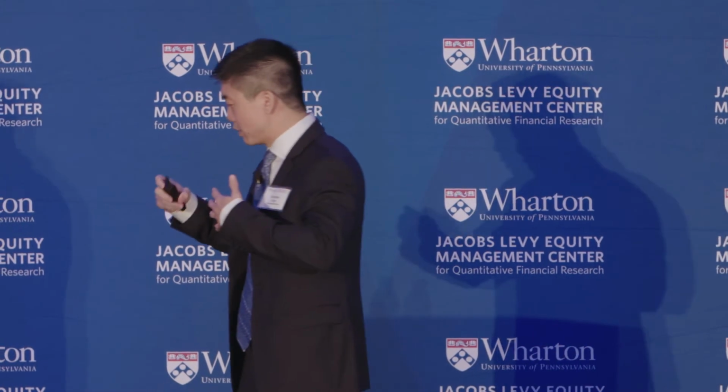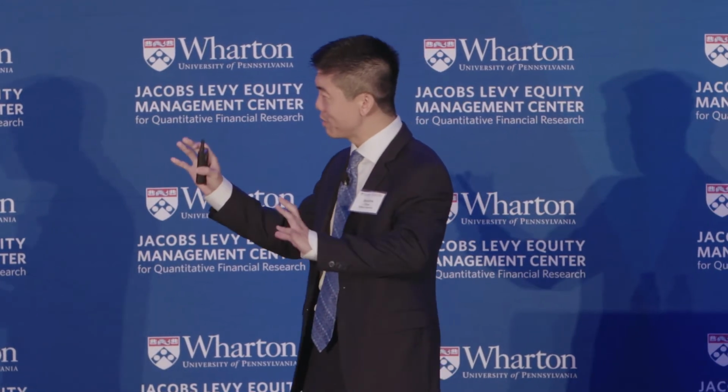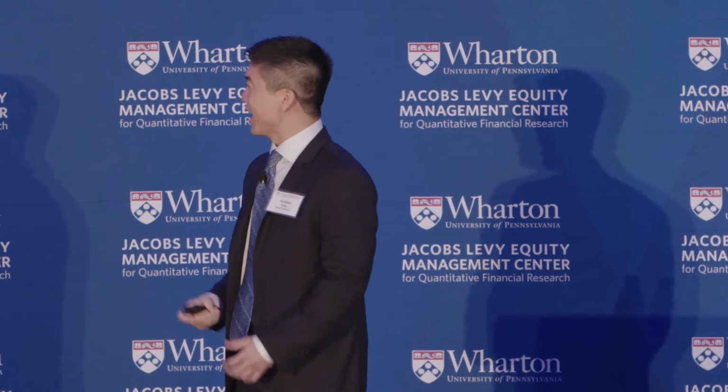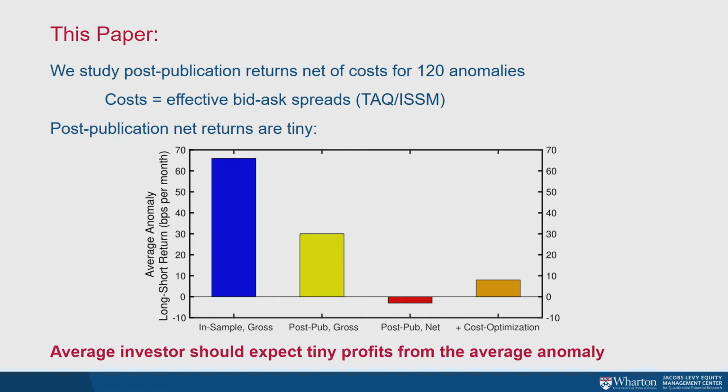So we try to improve on that by adding some cost mitigation. This optimization might be a bit of a stretch, but we do optimize in a limited sense our cost mitigations. And after that, we get about 8 basis points per month. And this is ignoring shorting costs and price impact. So I would say, concluding from this preview, that the average investor should expect tiny profits from the average anomaly.